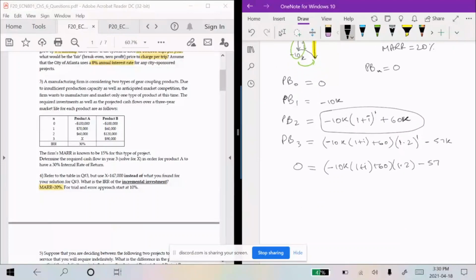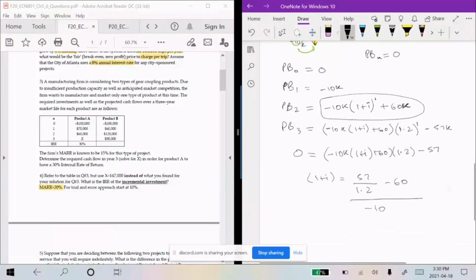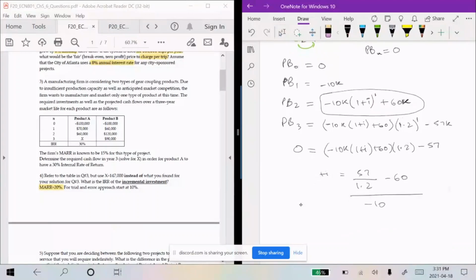Now we just need to solve for I. It's again just rearranging the equation. So you get 1 plus I equals 57 divided by 1.2 minus 60, all divided by minus 10. I'm just rearranging this equation. And then you can simplify it even further: the 1 goes to the other side.